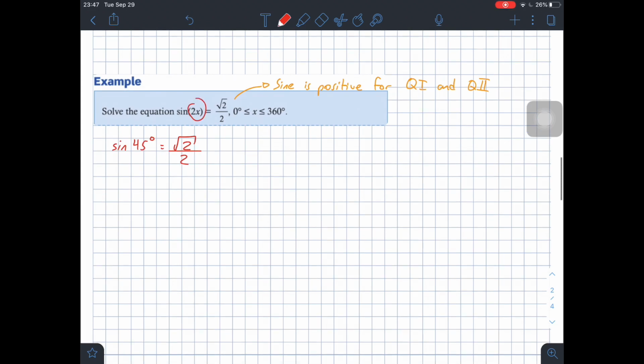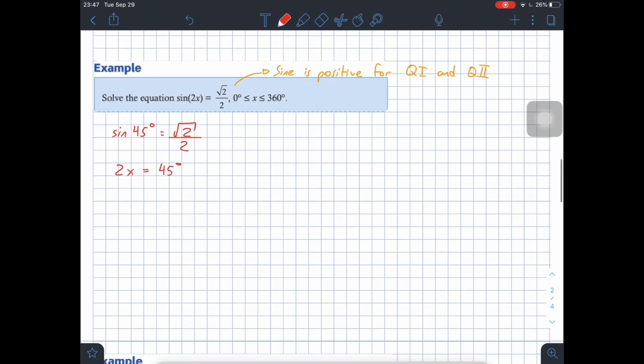That means that the angle, which is 2x, must be equal to 45 degrees, right? So here we get that one possible value of x would be that x should be equal to 45 divided by 2, which is equal to 22.5. This would be the first answer, which corresponds to quadrant 1, right? So this is for Q1.